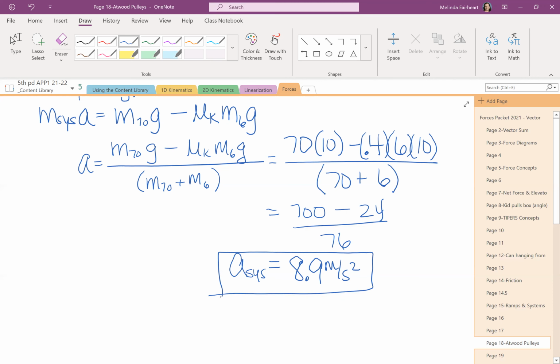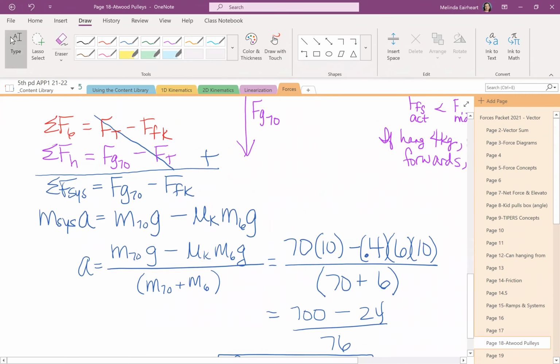Let's find the tension when it was stationary and the tension when it's accelerating. Let's do acceleration first because we're right here. So to solve for the tension, I just have to use one of the equations. So which one do y'all want to use? The tabletop mass or the hanging mass? Because if Newton's third law is right, they should be the same.